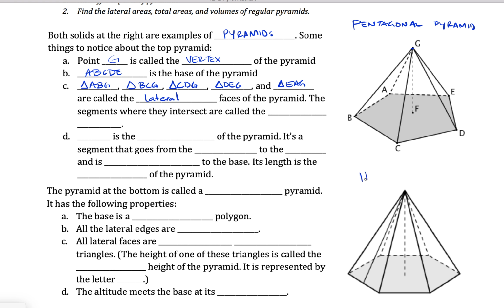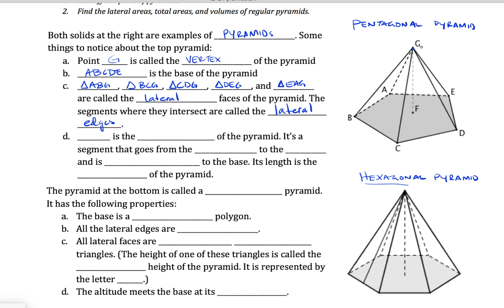It's called a hexagonal pyramid because its base is a hexagon, so the base has 6 sides and it has 6 lateral faces. All those triangles that go from the base up to the vertex are the lateral faces. All the segments where they intersect, like this segment BG, are called lateral edges of the pyramid.